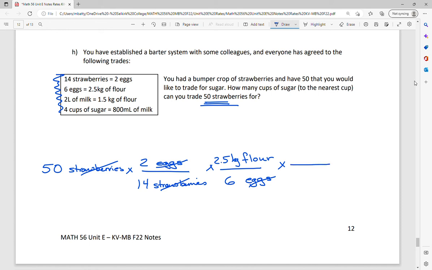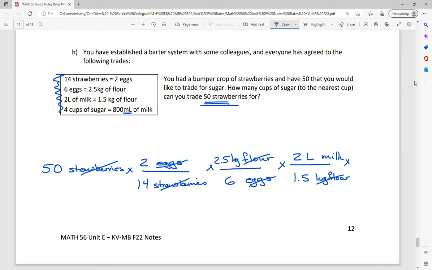The flour would net me 2 liters for every 1.5 kilogram of flour. So what I'm writing is the 1.5 down below and the 2 liters on the top. That's milk. Oh, I'm running out of space. Okay, so the flour is gone. Now we have it in liters of milk.